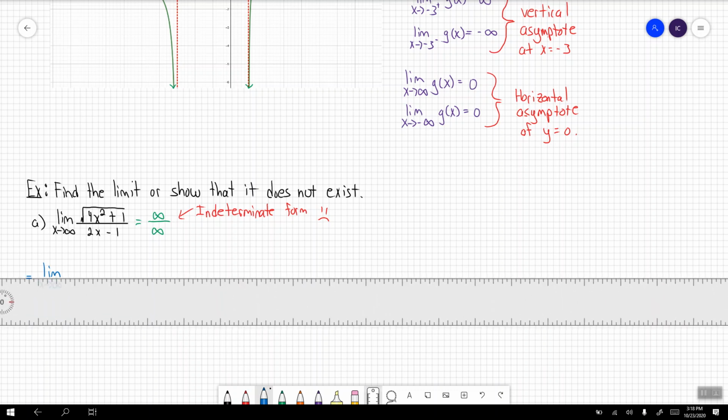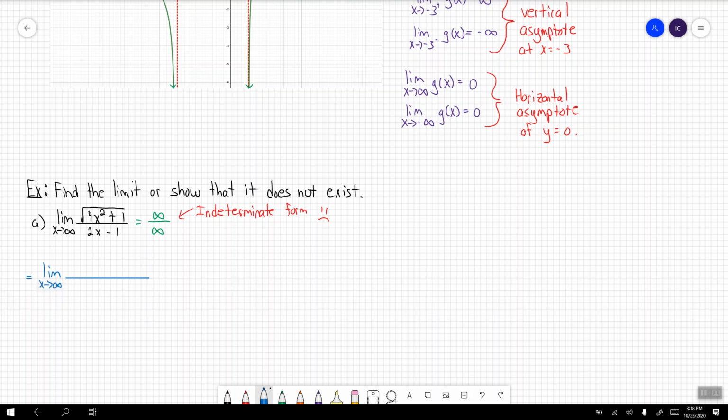All right, so I'm going to want to work around here, and let's see if we can find one. Square root of 4x squared plus 1 divided by 2x minus 1. And let's see for this workaround.